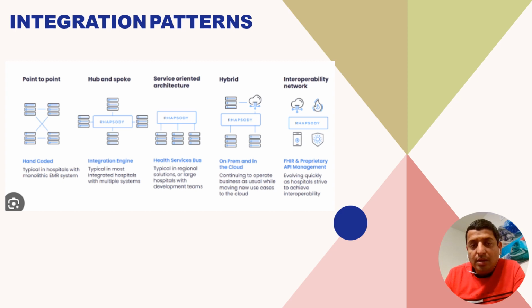The next improvement came in the form of service-oriented architecture, typically in regional solutions or large hospitals with development teams. Finally, we moved towards hybrid, which was a combination of on-prem and cloud solutions. And then the final path forward was the interoperability network, where data can be exchanged using RESTful APIs between various systems in the standard common FHIR interoperable format.